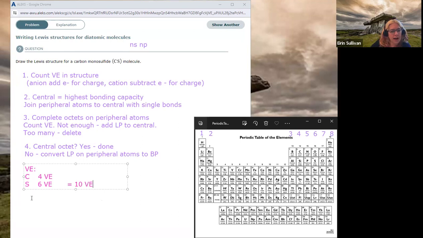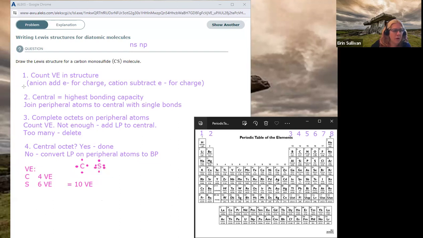So then which atom is going to be the central atom? It's got to be the carbon, because it's got the highest bonding capacity. Again, if you are not sure about this whole bonding capacity thing, just quickly draw the Lewis symbols. The Lewis symbol for carbon has 4 valence electrons, and sulfur has 6.